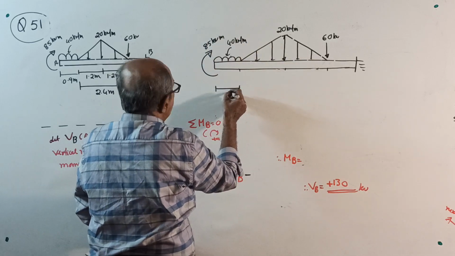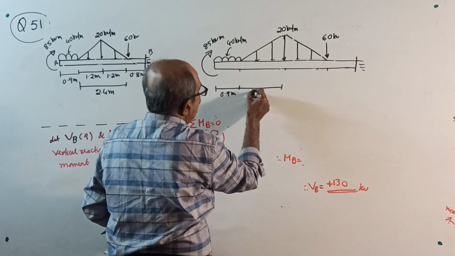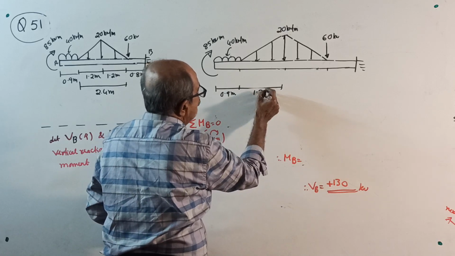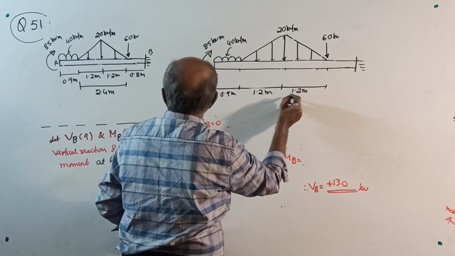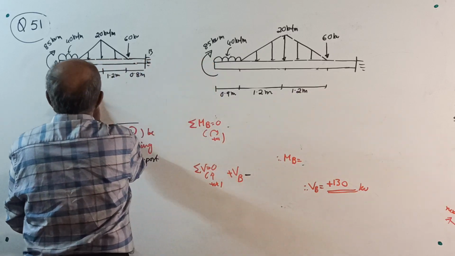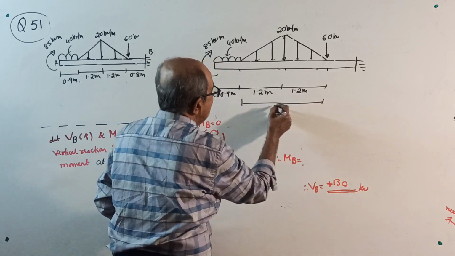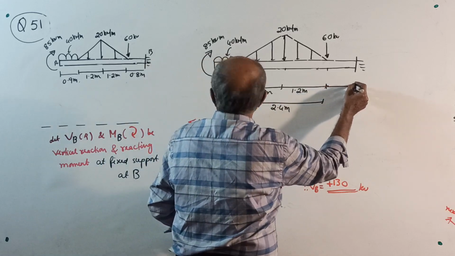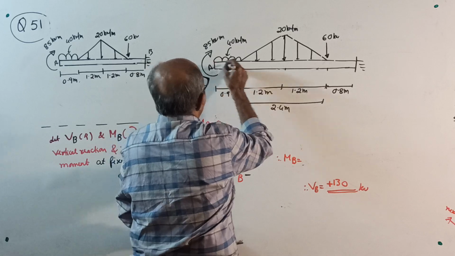Lengthwise, 0.9 meter, this is 1.5 meter, 1.2 meter, and this is also 1.2 meter. So actually the total 2.4 is not required in the question, we will calculate it now. 2.4 meter, and this is 0.8 meter. A and B.